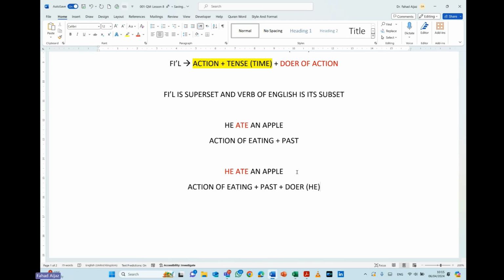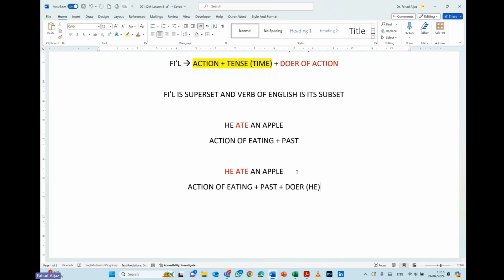Okay? This entire thing would be a fail in Arabic. So when you say or read a fail in Arabic, you are actually reading it, and that fail has this pronoun, which is a doer, hidden inside it somewhere.